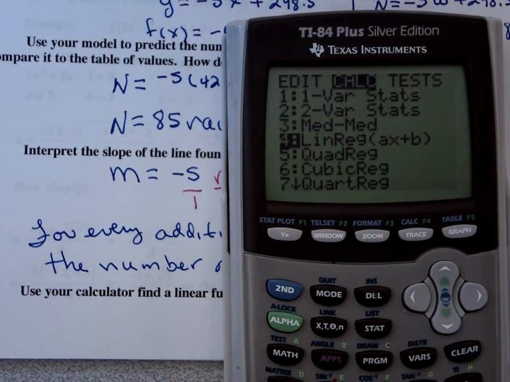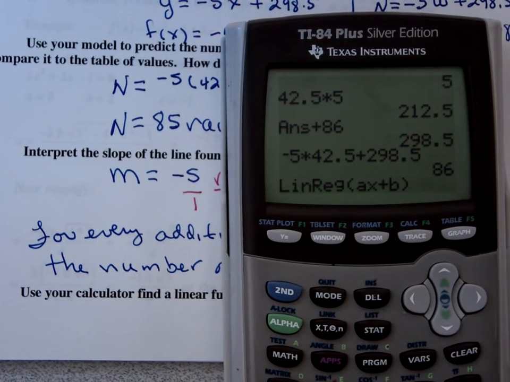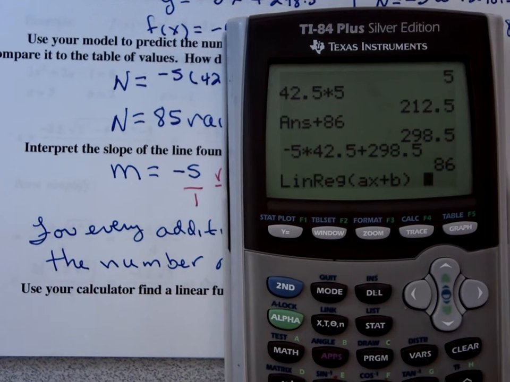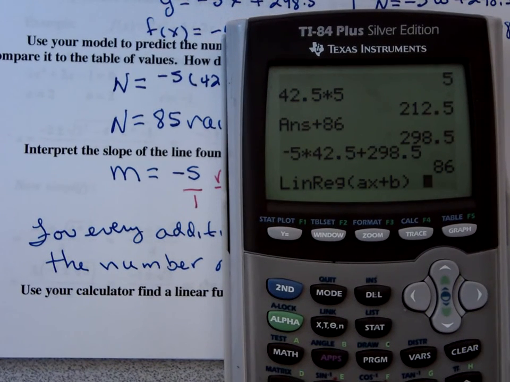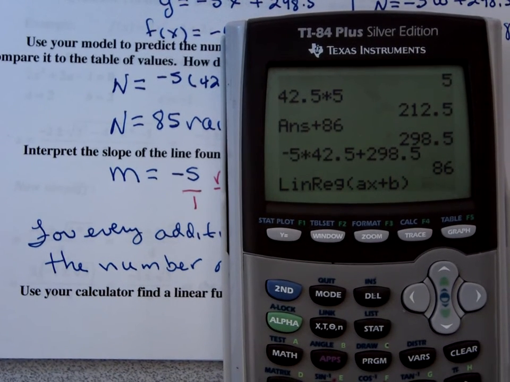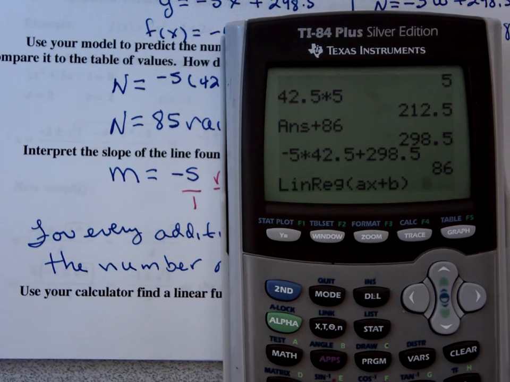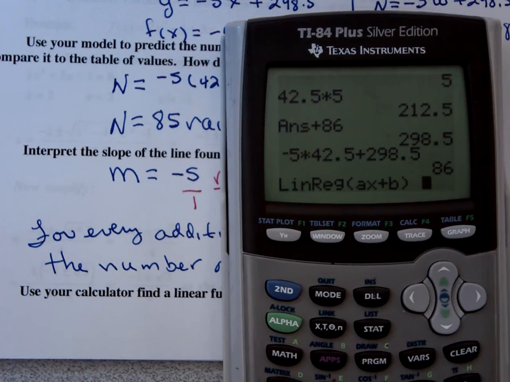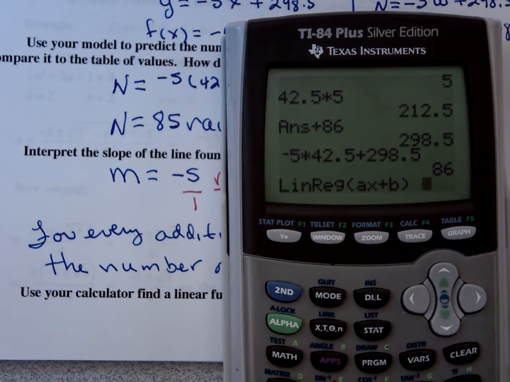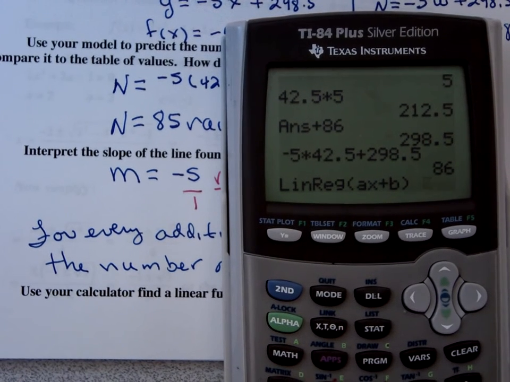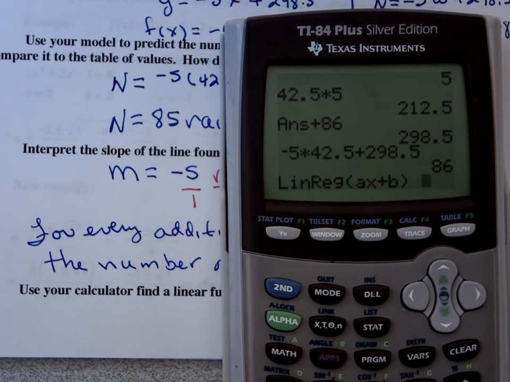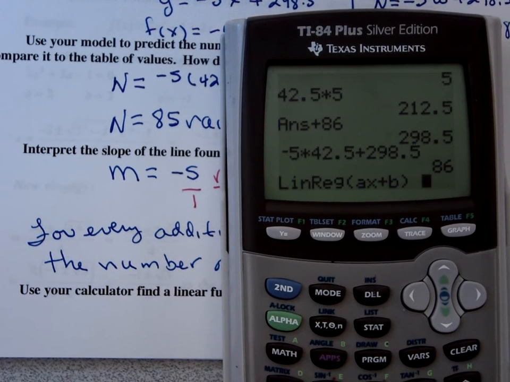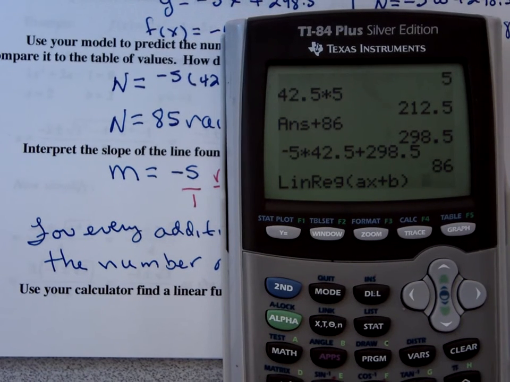Press Enter. And now it's waiting for me to tell it, essentially, who's your X value, who's your Y value. Now, if I were, say, in an economics class where I have year, profit, year, revenue, I would say maybe it's L1 and L3, or L1 and L4. That says I've got different columns that represent Y values, but the X values stay the same. But in this particular instance, everything is in L1 and L2.